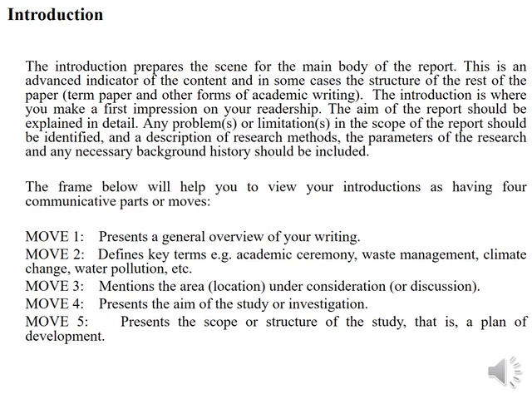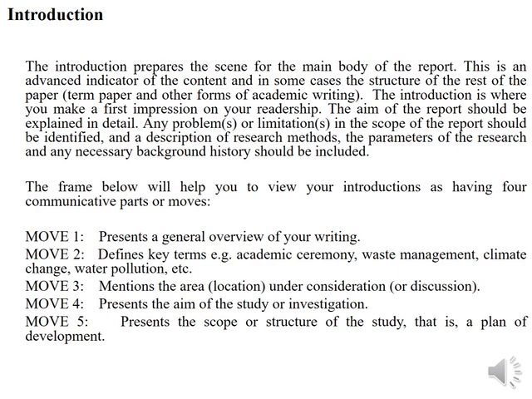So the frame below will help us to view our introductions as having communicative parts or moves. Now we have the first part: present a general overview of your writing. That is what the first move is all about. Number 2, define key terms: academic ceremony, waste management, climate change, water pollution, among others.